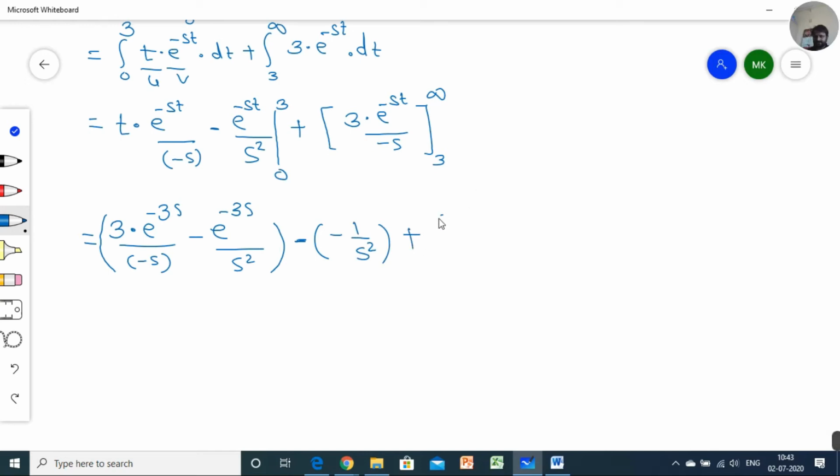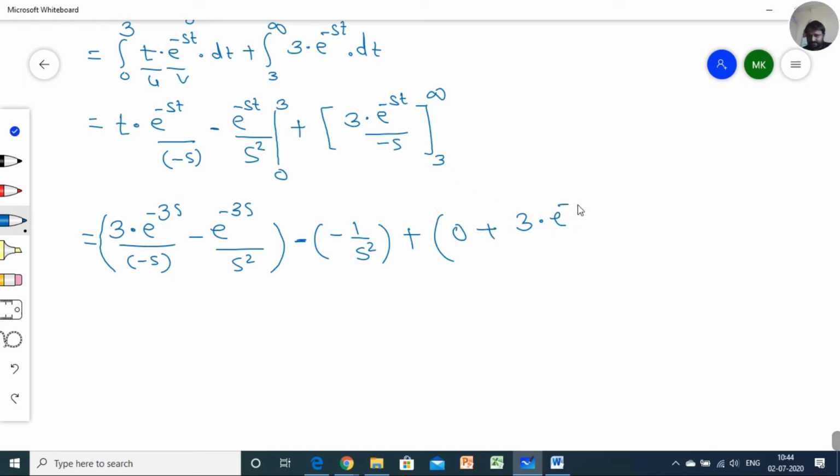Similarly we can calculate the second part. While substituting the upper limit infinity you will get e raised to minus infinity, which is 0, so 0 upon anything is 0. Minus, while substituting the lower limit, you get 3 into e raised to minus 3s upon s, and the sign becomes positive because the lower limit has a negative sign and there is again a negative, so minus into minus is plus.